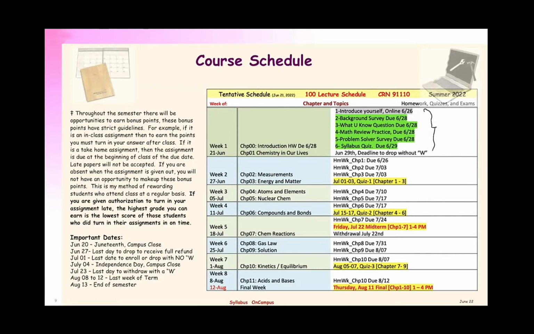So this first week, you guys are just gonna look at the intro material, what chemistry is about, what your study habits are, problem solving, scientific method, and then chemistry of our lives. That's chapter 1. And then next week, measurements, which is really difficult for some of you.